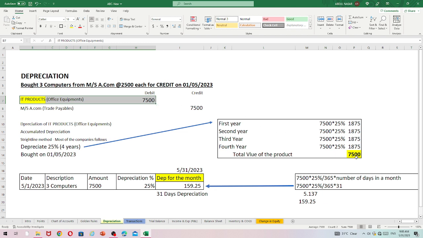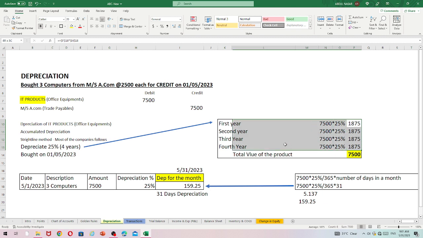So at the end of the fourth year, this 7,500 has to become zero, because the company has decided to economically use these computers only for 4 years. After 4 years, either they can sell it or they can throw it, whatever. So this 7,500 has to be zero at the end of the fourth year.